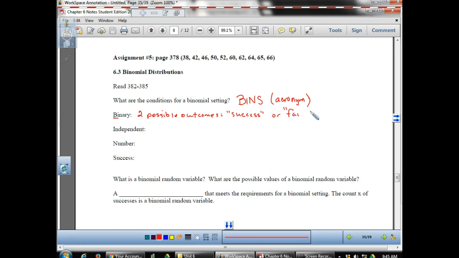I put them in quotes because success is not always a positive thing. It's just what probability you're looking for, what you're looking for regarding the outcome. So success or failure.